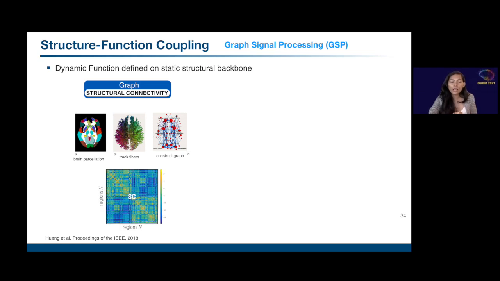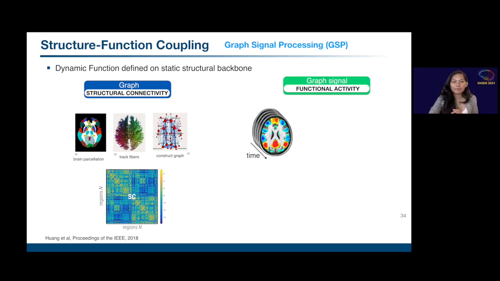And then on top of this brain graph, we define our graph signals coming from functional MRI atop the nodes of our brain graph. So basically, we try to manipulate the signals coming from the functional MRI on top of the static backbone, which is given to us by the structural connectivity from the diffusion MRI.